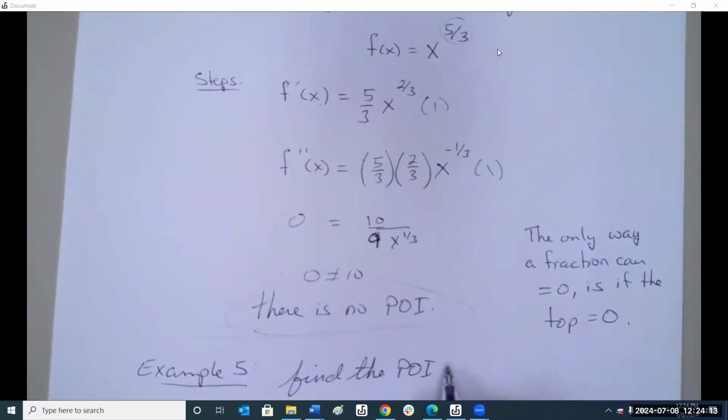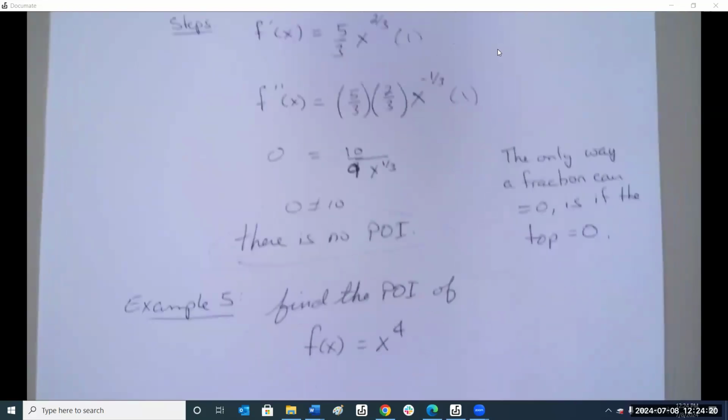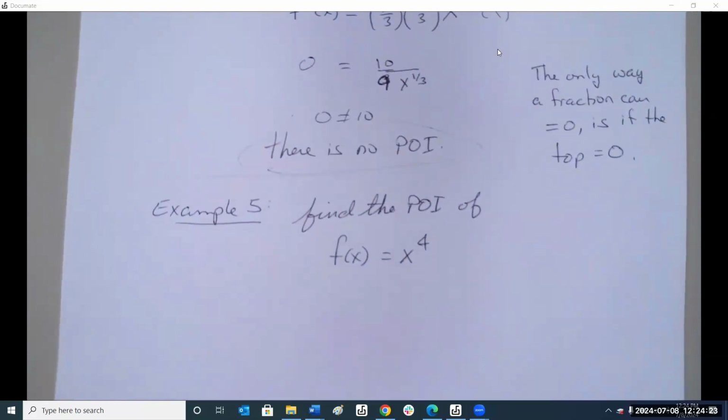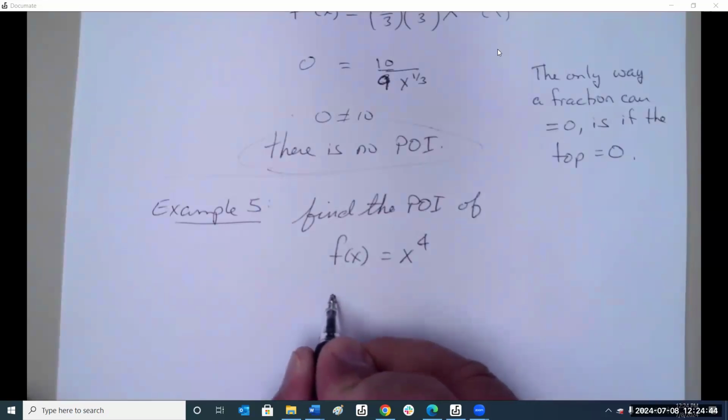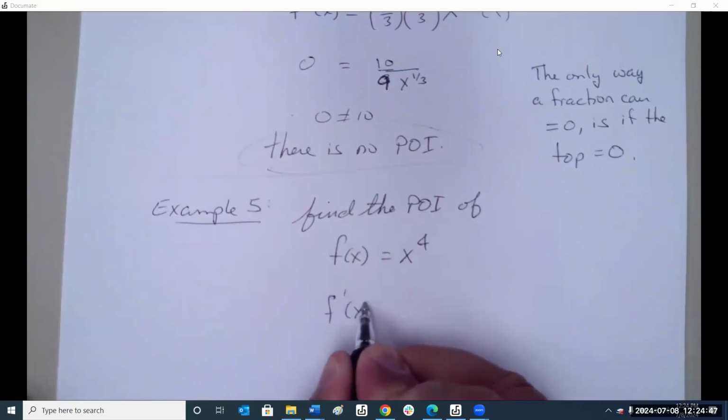Find the POI of f of x equals x to the 4th. So the first thing we gotta do is take the first derivative, which is what?